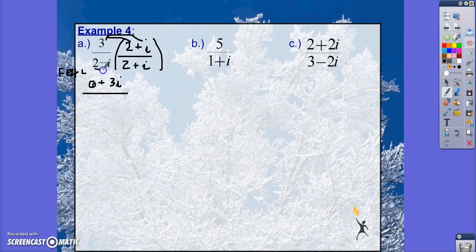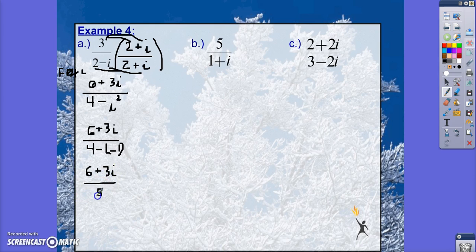So we do the first. First, 2 times 2 is 4. Last, negative i times positive i is negative i squared. And don't forget that you have to actually take care of what i squared is, which is a negative 1. And 4 minus negative 1 is 4 plus 1, which is 5. So you get 6 plus 3i over 5.